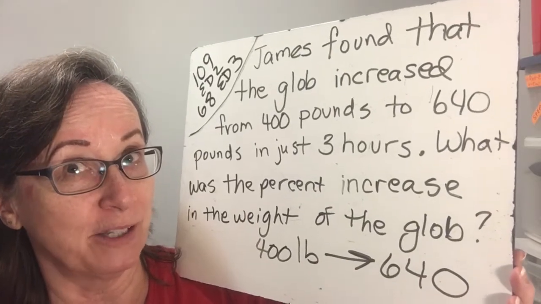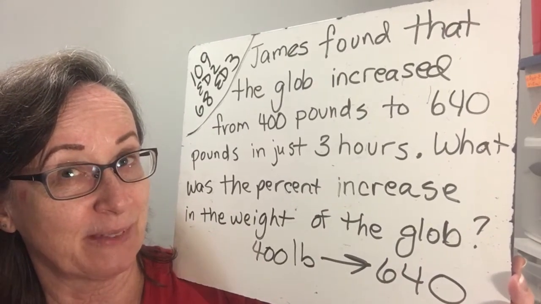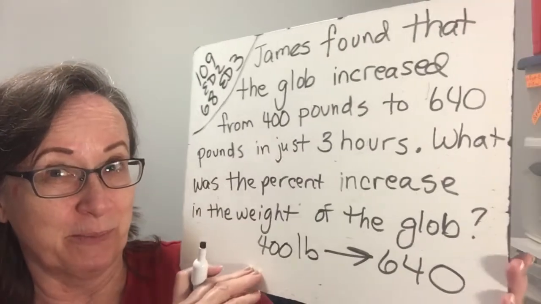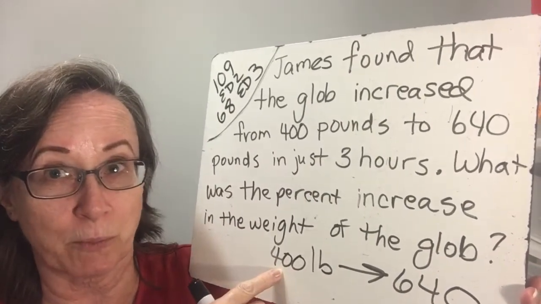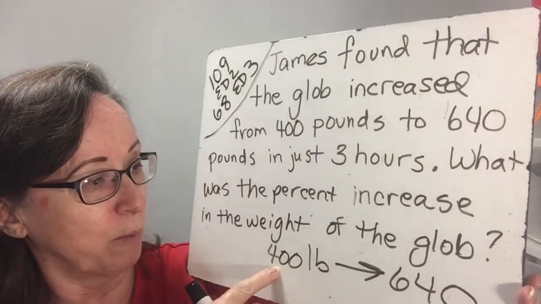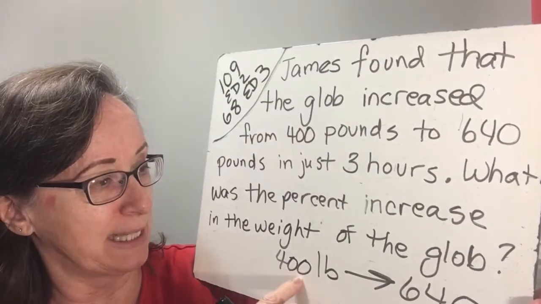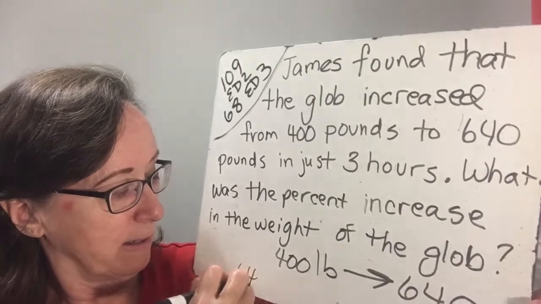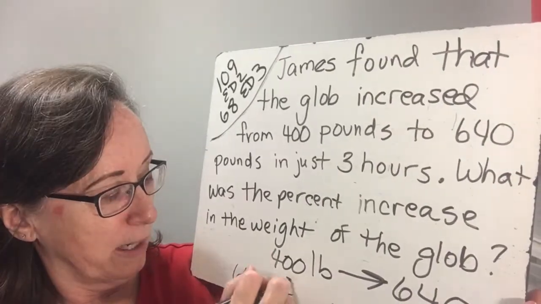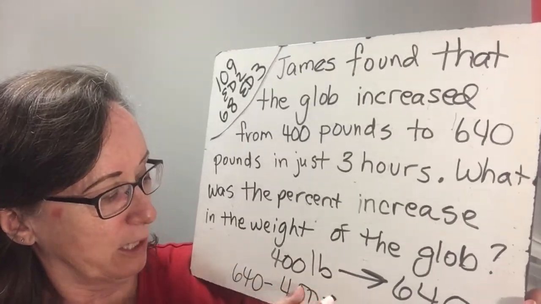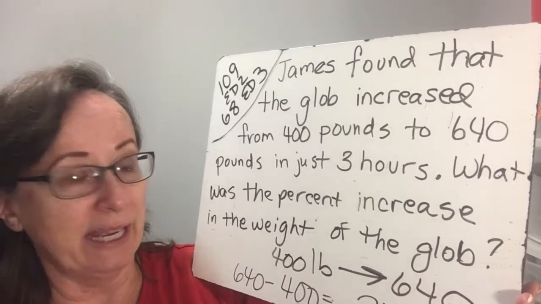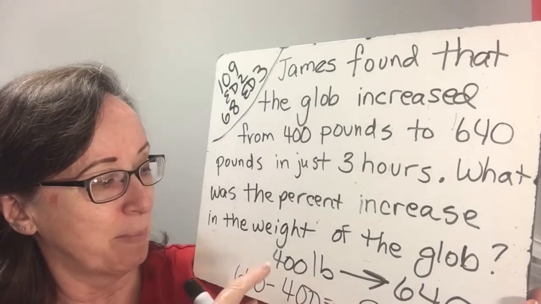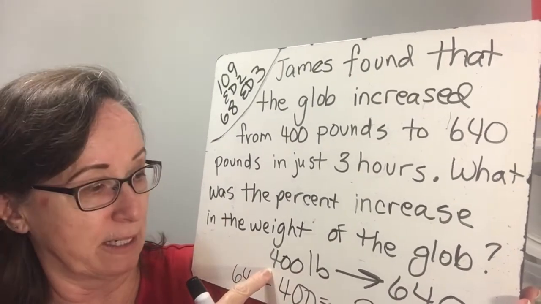So pause your video. So now all we have to do is take the difference between them and divide by the original, which was what it started to be. So we're going to take the difference, which is 640 minus 400, which is 240, and we're going to divide the 240 by the 400.